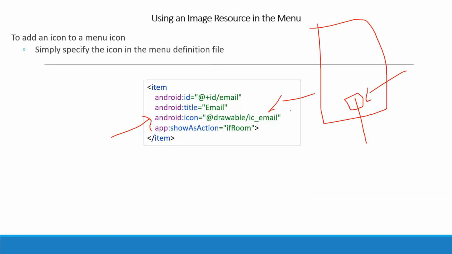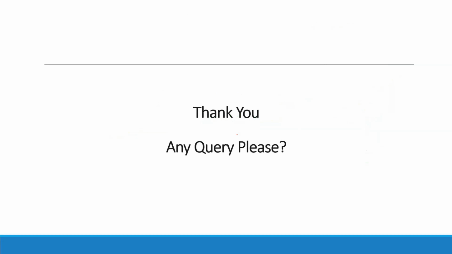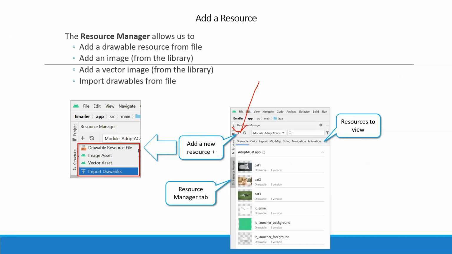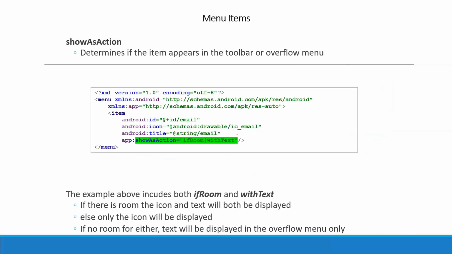This will be the code segment: item, ID email, and drawable component. That means icon. Icon is itself an attribute, and with the help of this attribute, we can display the icon. If you have any query, just let me know, and I'll explain it again. And now the conclusion of the whole thing.